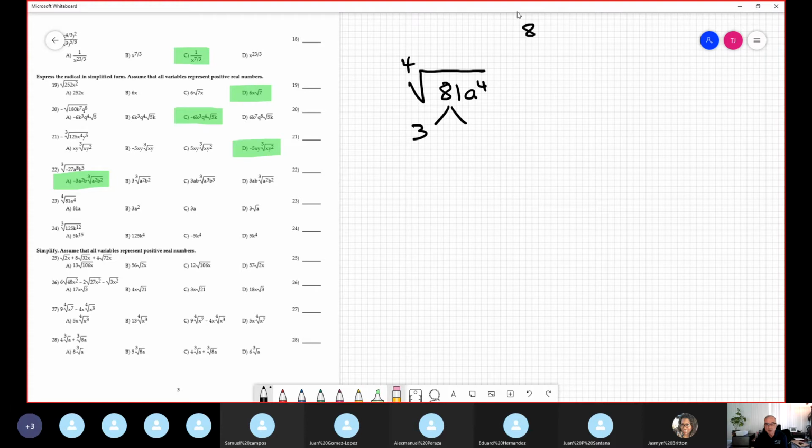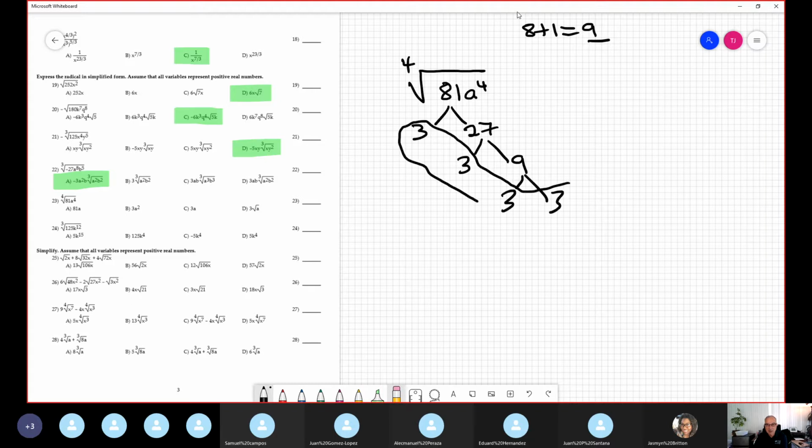Because look, 8 plus 1 is 9, and 9 belongs to the 3 multiplication table. It's 27, 27 is 3 times 9, and 3 and 3. Wow! We have exactly four 3s. It's exactly the amount of 3s we need to simplify because it's a 4th root. Look at that. It's 3 outside, nice.